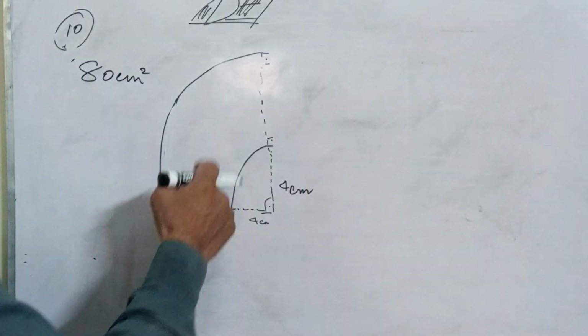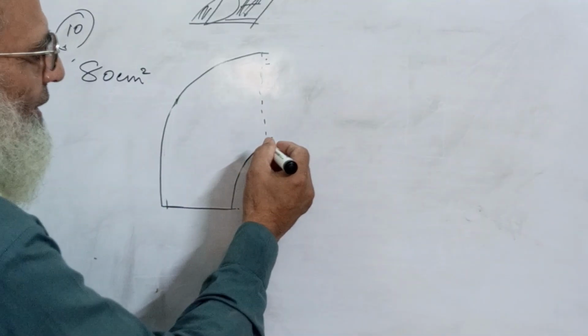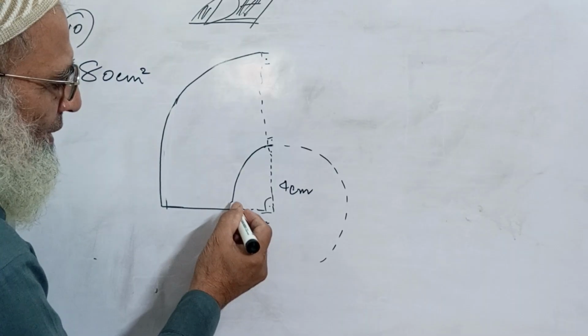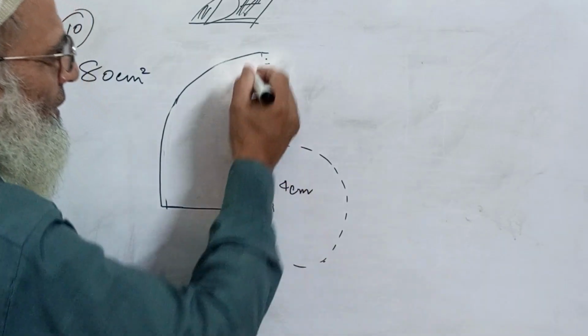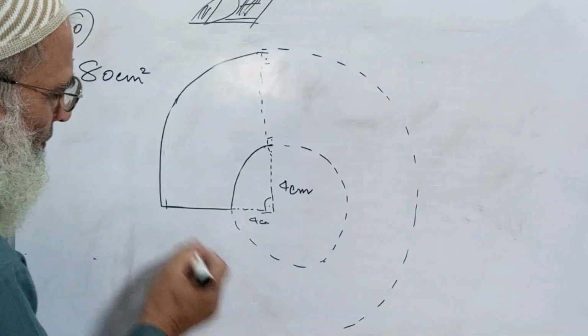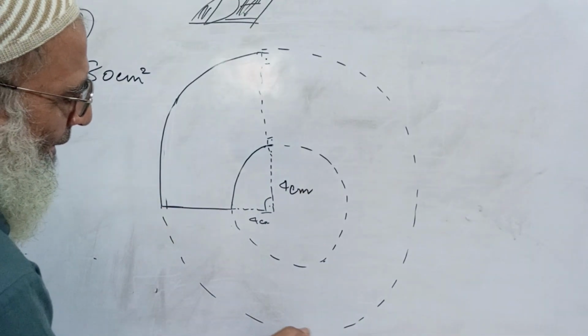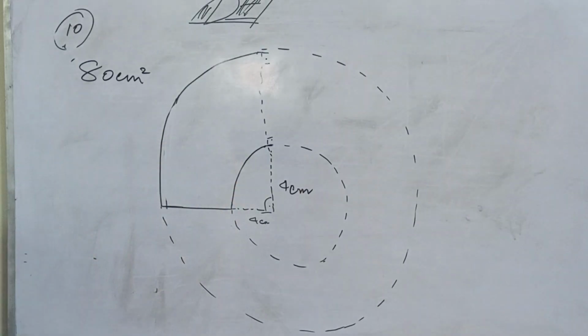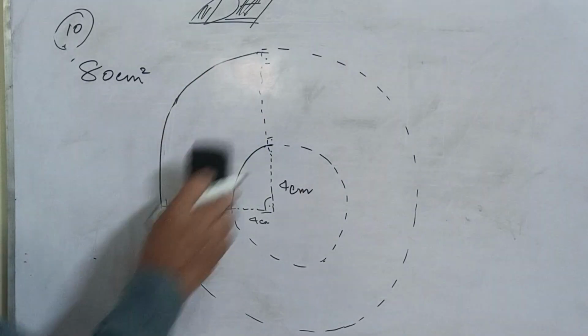Now what about this? Just consider that this is a full circle, and this is the quarter out of it. Now we have to find the area of this one.